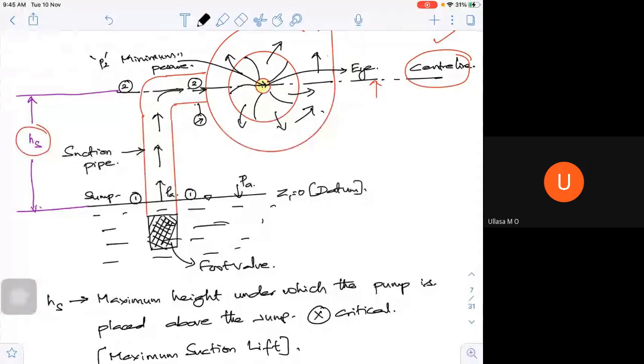This is simple: the sum of pressure head, kinetic head and potential head at 1 equals the sum at 2 in the ideal case. But in practice there are losses, which is HF in the pipe.